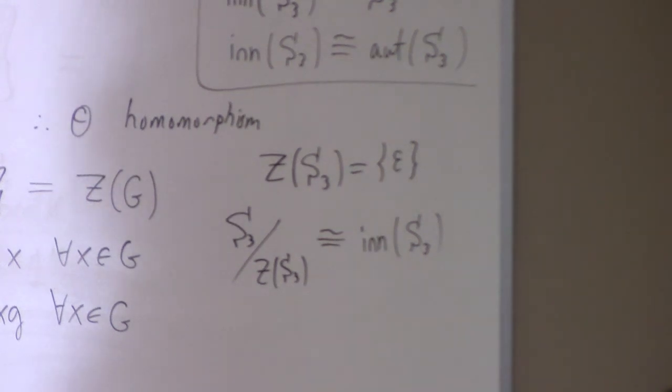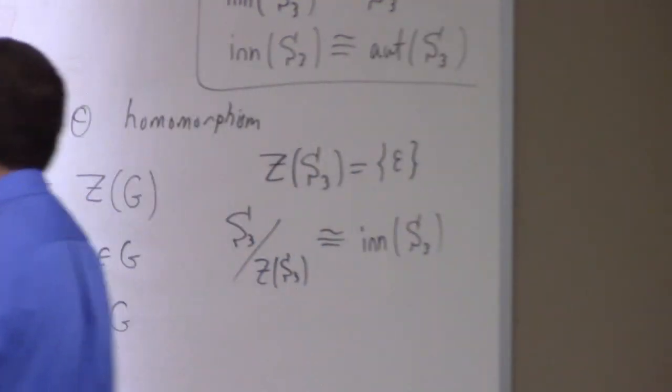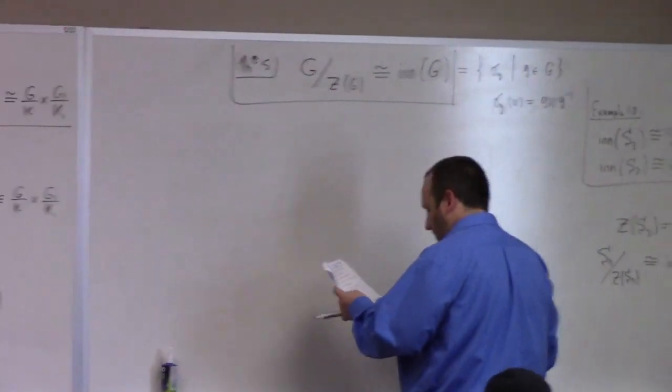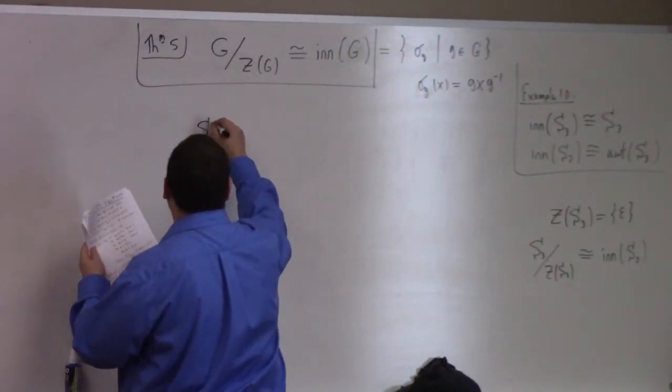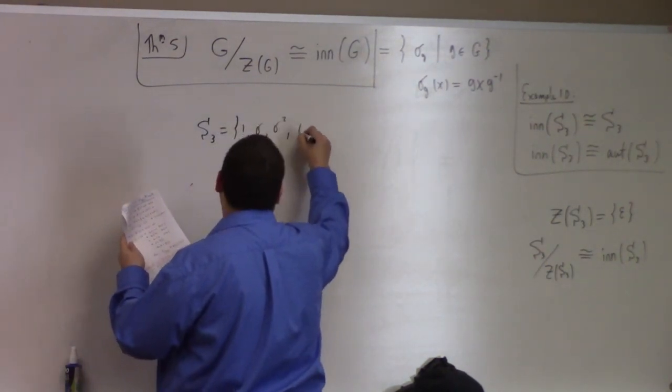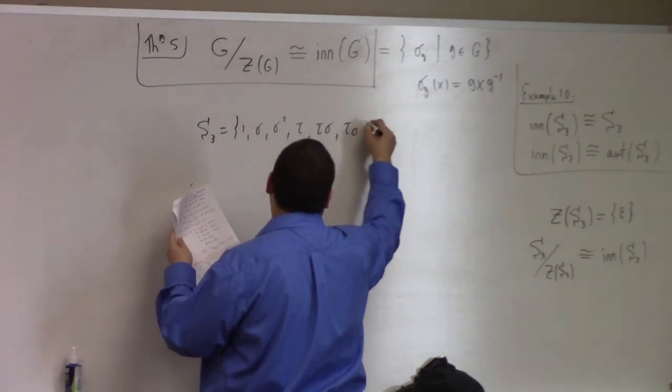And then to see that the automorphism group is isomorphic to S3, the question is, how big is the automorphism group? Let's see here. I got to erase this so I have room to write about it. So you might recall S3 is 1, sigma, sigma squared, tau, tau sigma, tau sigma squared.